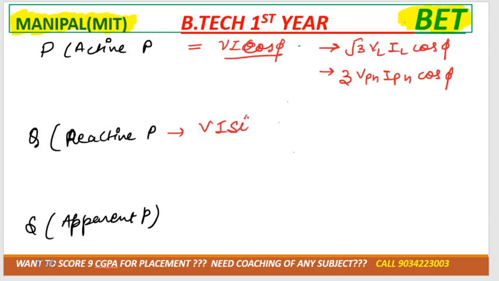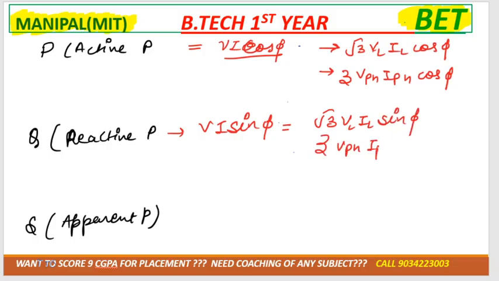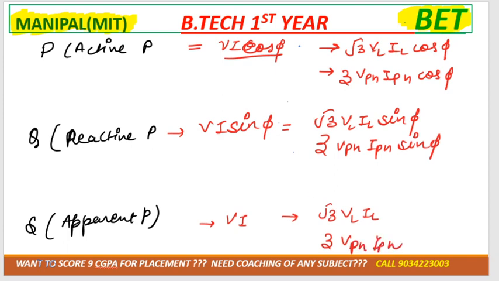Reactive power would be √3 VL IL sin phi, or 3 VPH IPH sin phi. Apparent power for the single phase is VI, so for the three phase √3 VL IL, or 3 VPH IPH. What is the unit of active power? Watt. Unit of reactive power is VAR, unit of apparent power is VA.